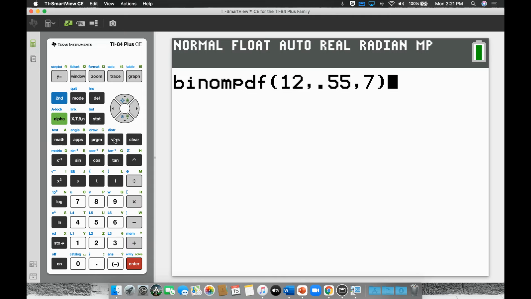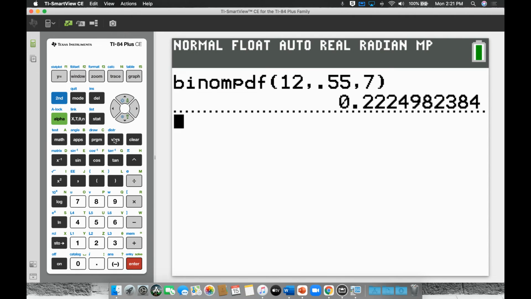If you don't have your own calculator, make sure you know this, because on tests I can't help you with this stuff. If you have your own calculator, you're good. But if you're using one of those, it's a crapshoot whether it's got new stuff or old stuff. So you hit enter.